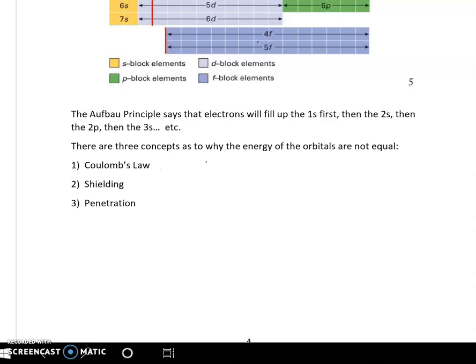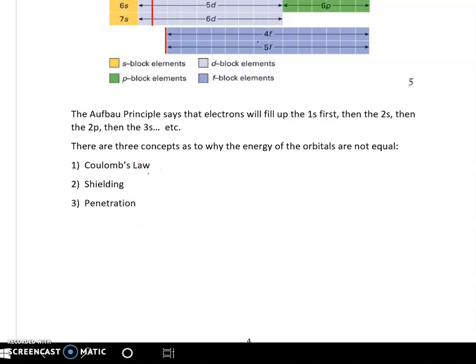Coulomb's law describes the interaction between charged particles. Shielding is how one electron can shield another from the full charge of a nucleus. And then penetration is how one atomic orbital can overlap spatially with another. So it can penetrate into a region close to the nucleus, and therefore it's going to be less shielded from the nuclear charge.